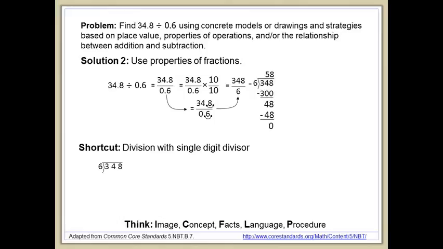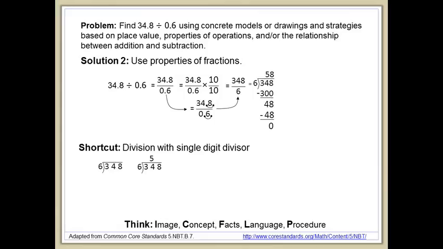So we'll start with our problem here, 348 divided by 6, and I'll say 6 goes into 3 0 times, so we don't write anything. 6 goes into 34 5 times, just like we did over here. But now, in our head, we're going to say 5 times 6 is 30. And the remainder of 30 from 34 is 4.